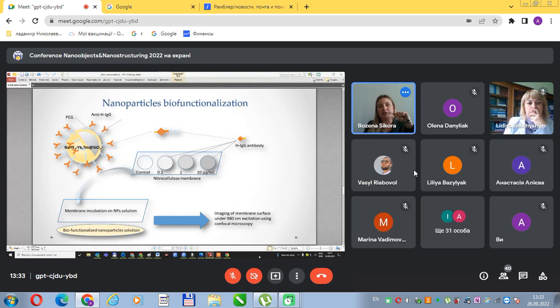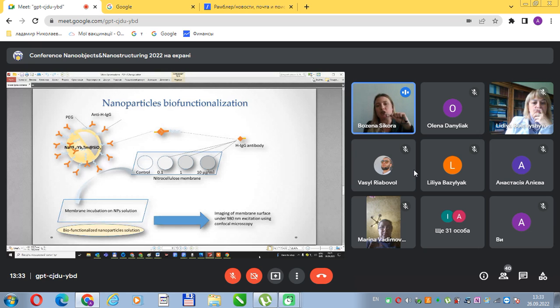We put on this membrane HEGG antibody. Then we incubate this membrane with the solution with our nanoparticles, and then we image this membrane surface under 980 nanometers excitation using confocal microscopy.